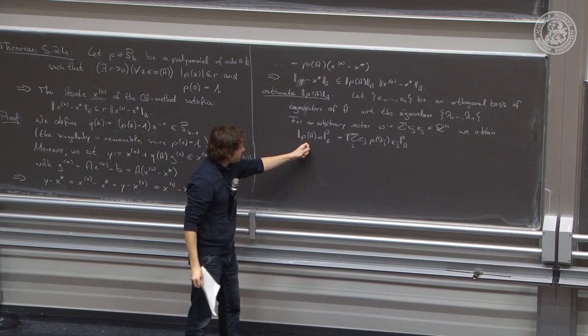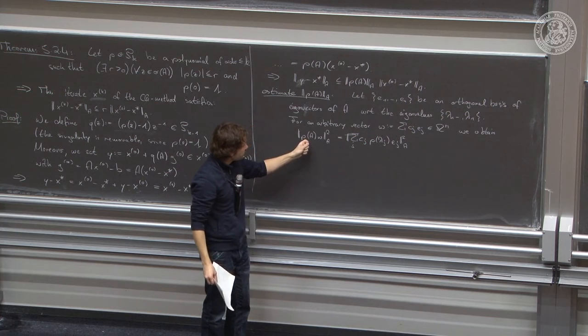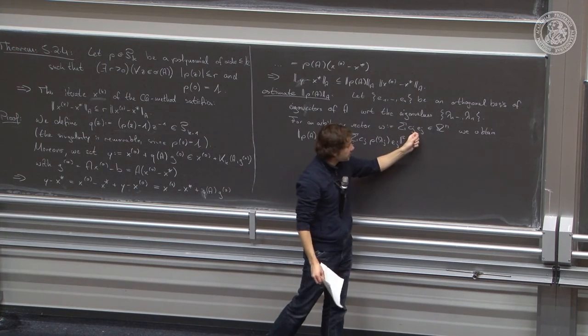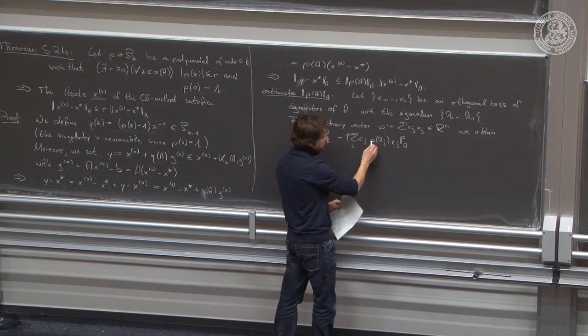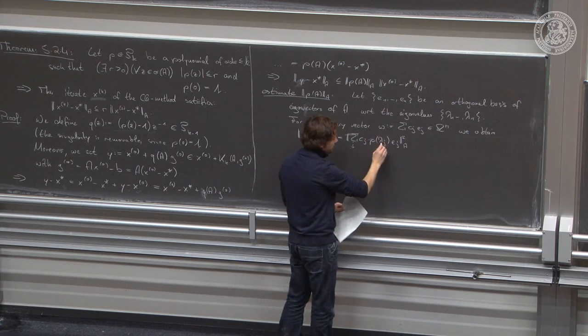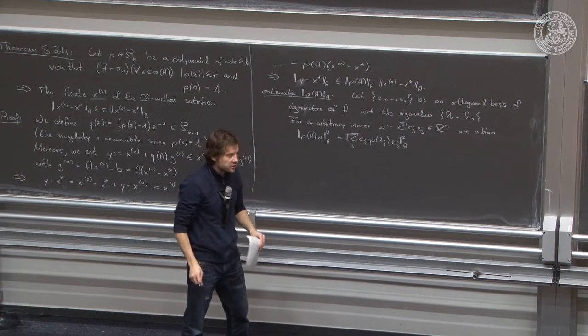So this is nothing but just applying this polynomial of A on that linear combination and applying on each eigenvector ej. So we obtain the polynomial at the eigenvalue lambda j.